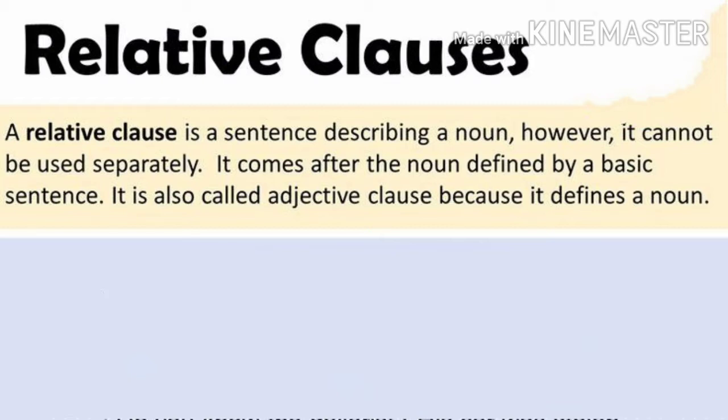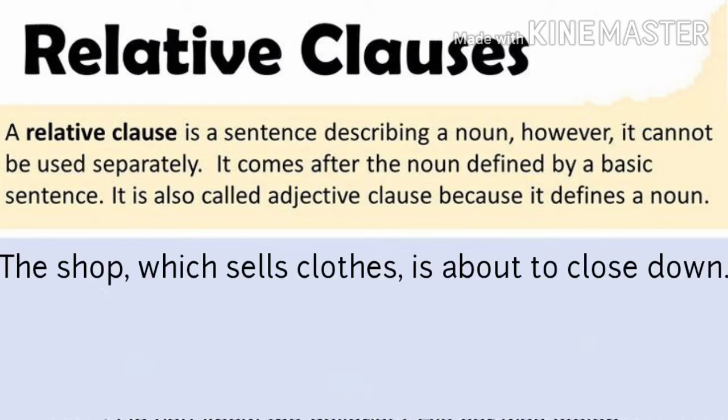Let us see an example. The shop, which sells clothes, is about to close down. Can you identify the relative clause here? Yes, which sells clothes is a relative clause.